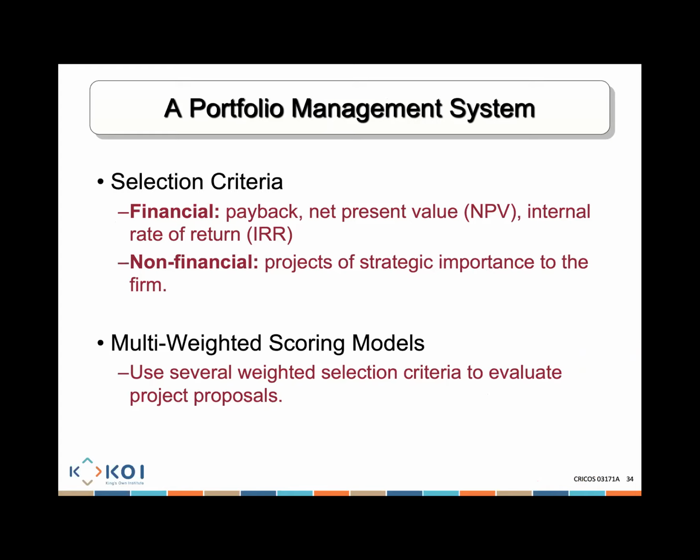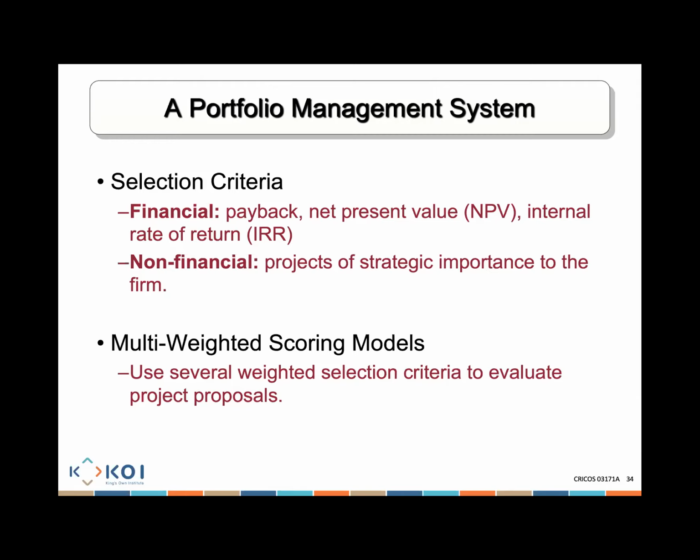You might have so many non-financial aspects, such as does the project really fit with the strategic needs of my organization? You have multi-weighted scoring models, which can have so many various weights for various selection criteria.